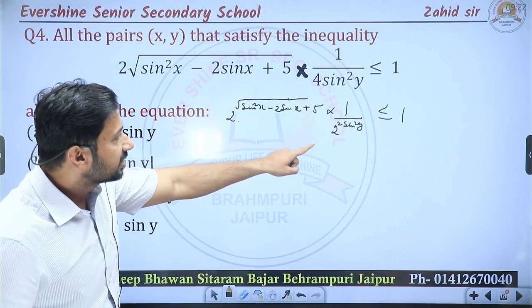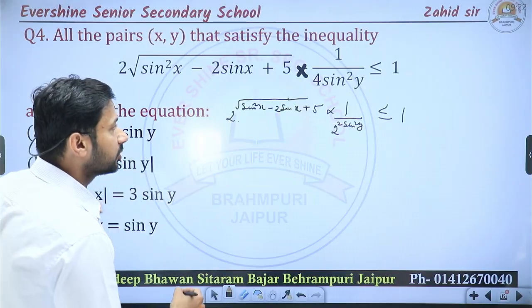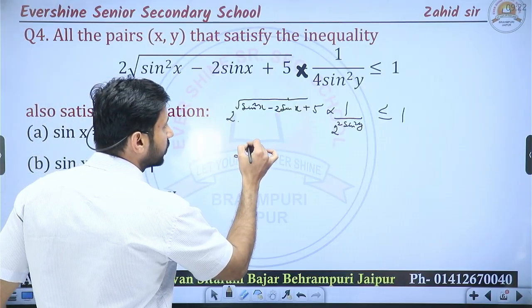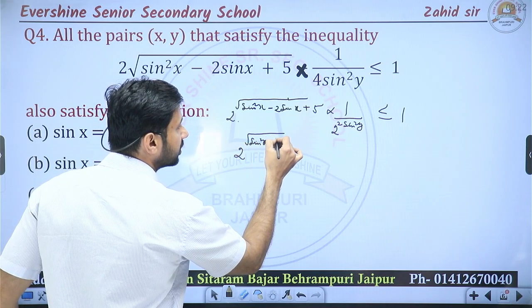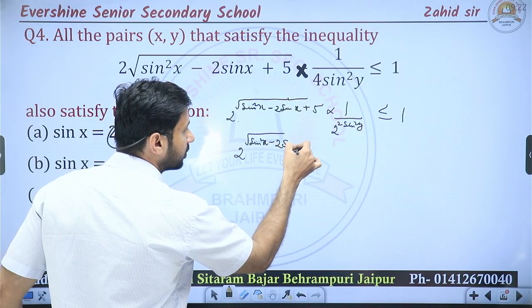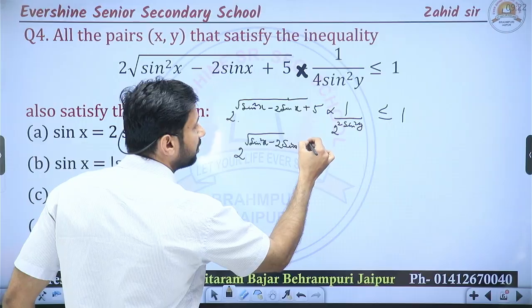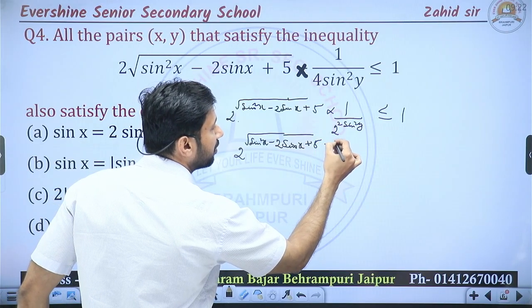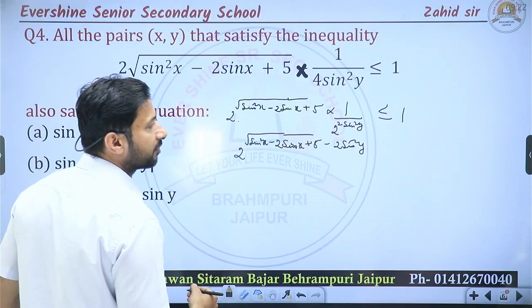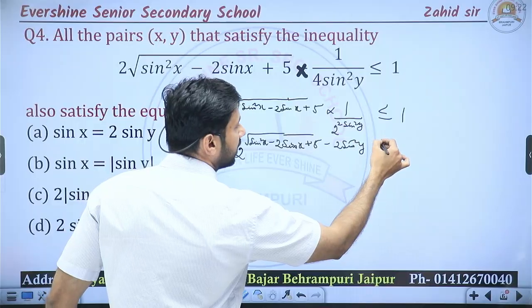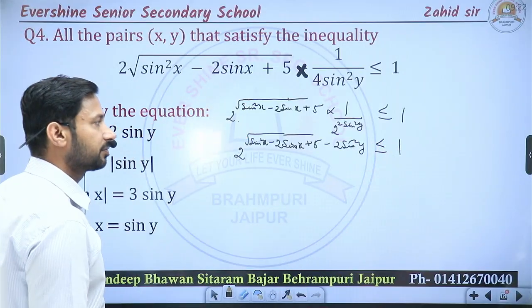Okay, now beta, in division power are subtracted. So if I simplify it, it will be 2 raised to the power sine square x minus 2 sine x plus 5 minus 2 sine square y, less than equals to 1.